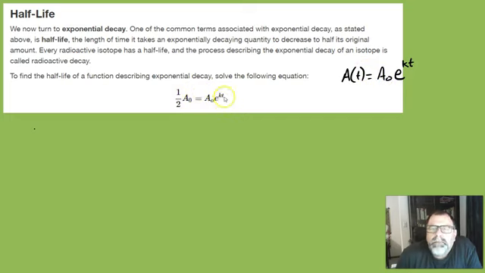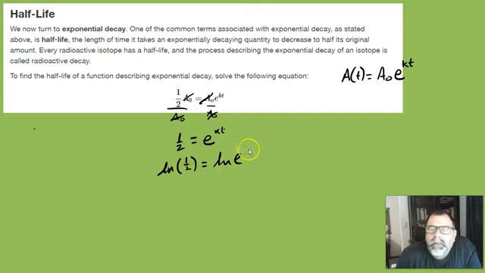The technique is we want to get e to the power by itself. So we're going to divide both sides by a sub 0. The a sub 0's cancel. 1/2 equals e to the kt. Now we're going to do ln of both sides.